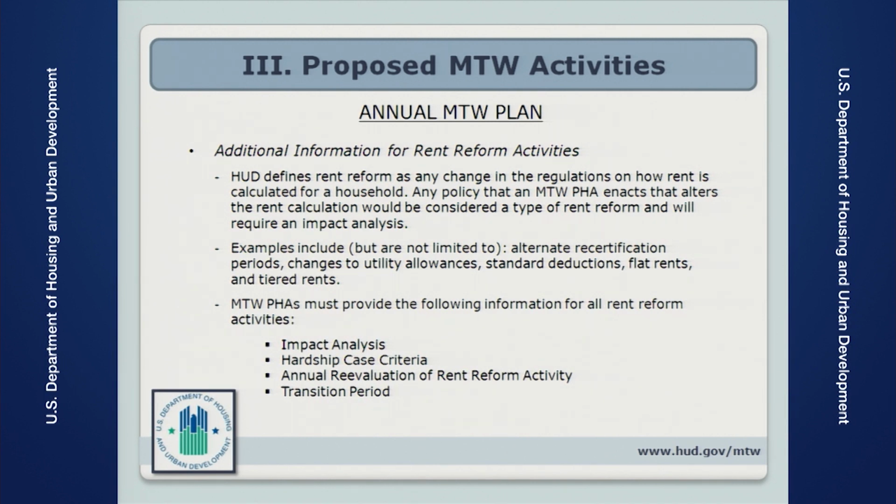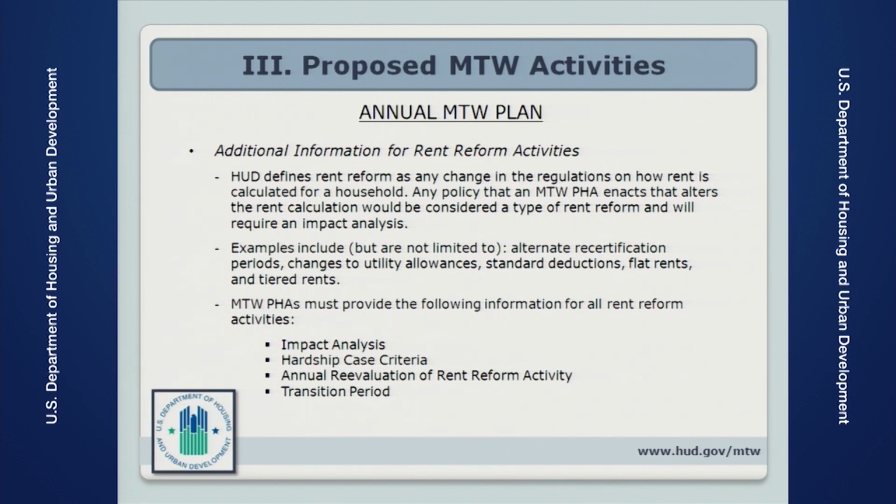Examples of these include alternate recertification periods, changes to utility allowance schedules, standard deductions, any flat rent or tiered rent program, both program-wide, directed at self-sufficiency or directed at another community that's not self-sufficiency related. We still need all the rent reform information on those activities.